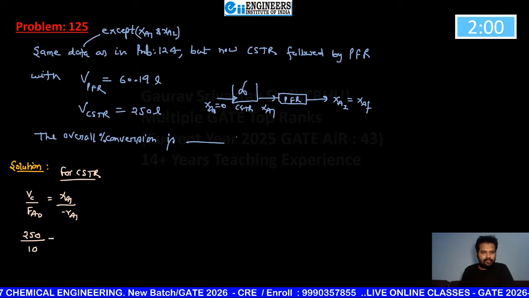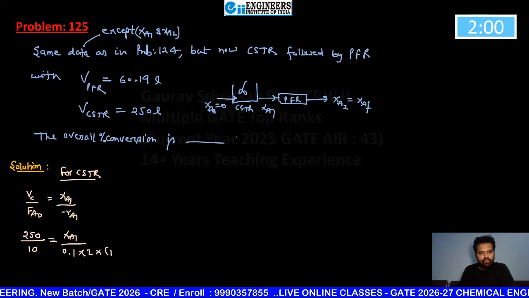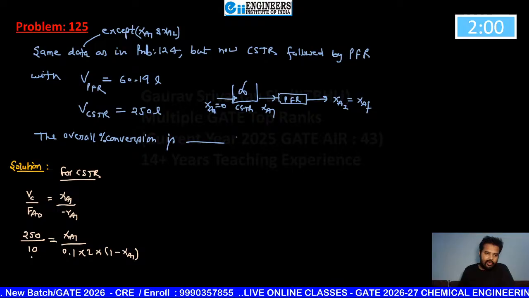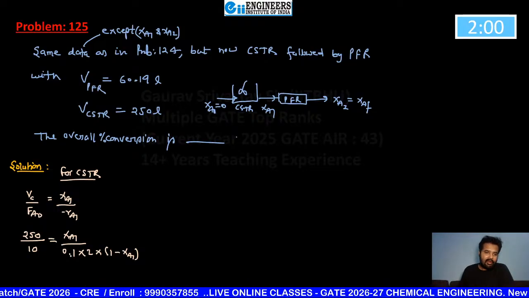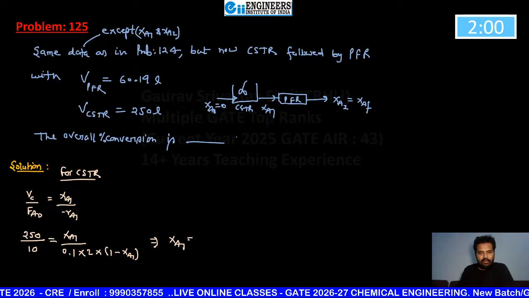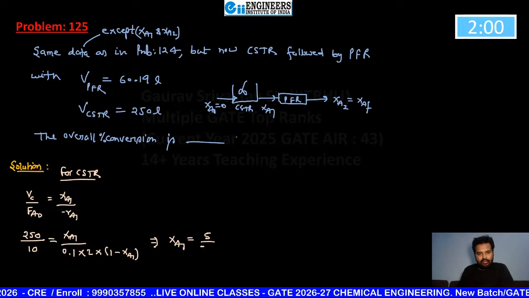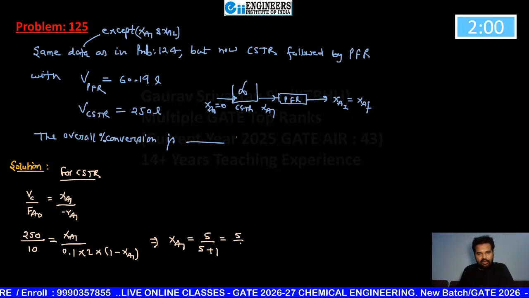FA naught was 10. K is 0.1, K CA naught (1 minus XA1). So 250 by 10, 25. 25 times 0.2 is 5. So XA1 will be 5 upon 5 plus 1, it's 5/6.